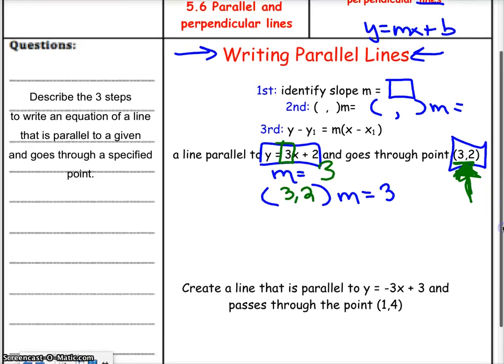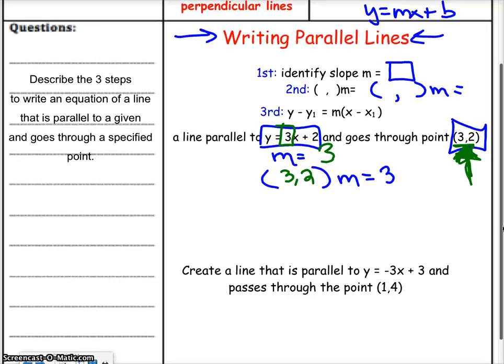And now I use step 3, point slope. y minus y1 is equal to your slope times x minus x1. So y minus the y I'm given equals my slope times x minus the x I'm given.